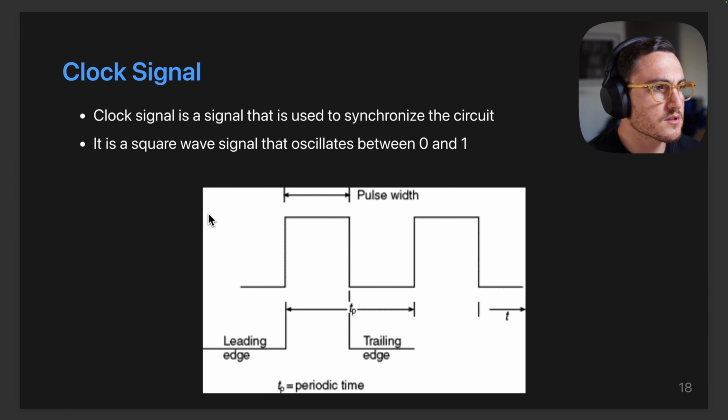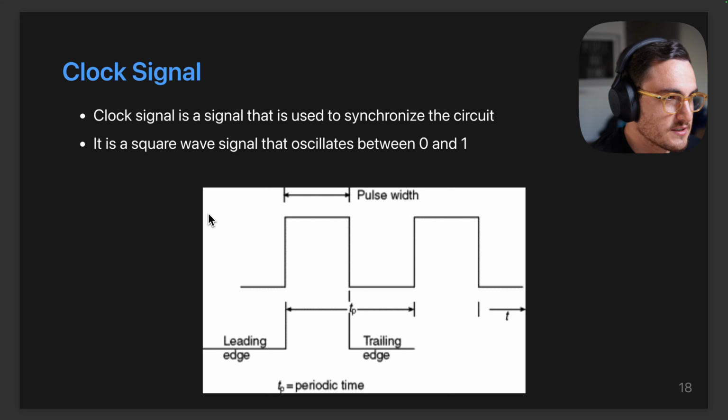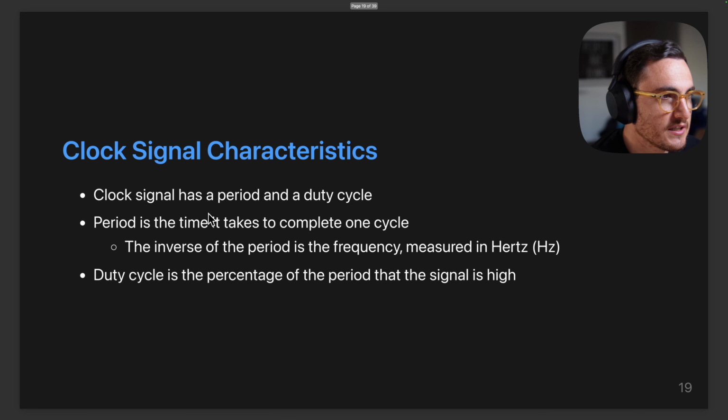A few words on the clock signal. As we said, it's a signal that's used to synchronize all the memory elements of the circuit, and it's basically a square wave signal that oscillates between logic 0 and logic 1. It has a few interesting parameters: a period and a duty cycle.